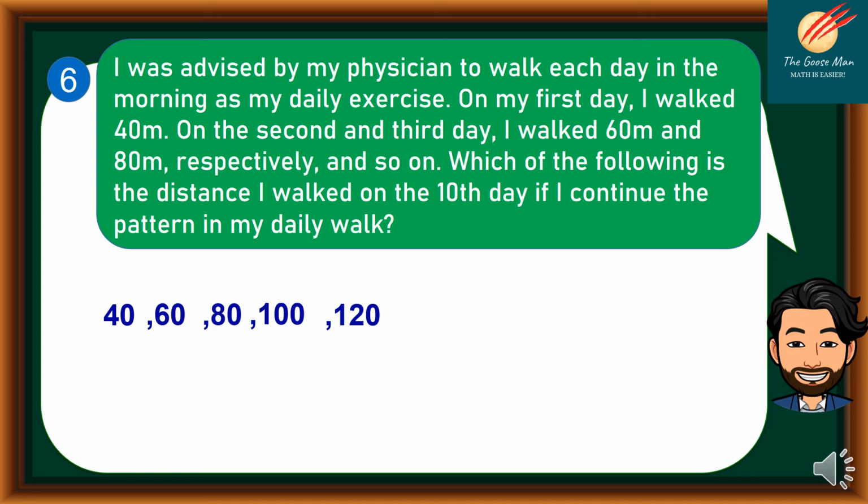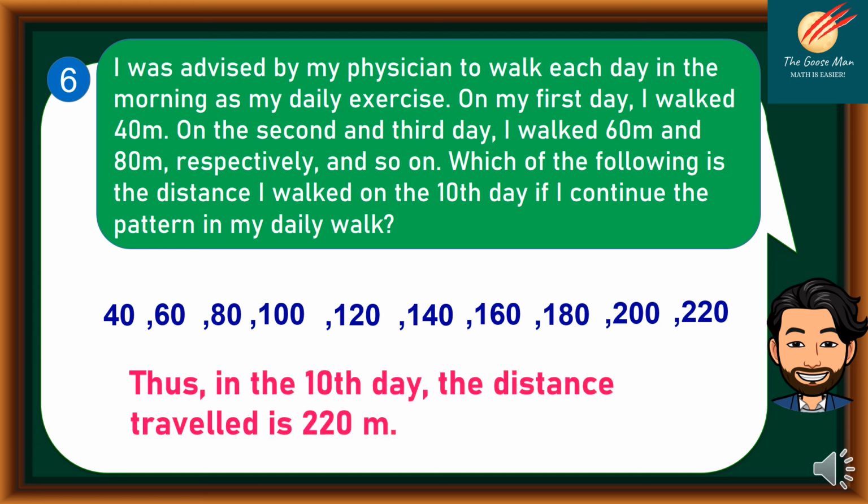Continuing it further, I have 140, then 160, then 180, 200, and on the 10th term, I have 220 meters. So therefore, on the 10th day, the distance I traveled is 220 meters.